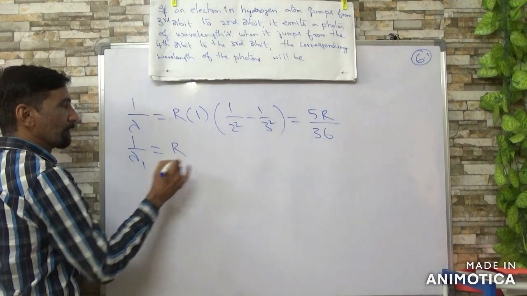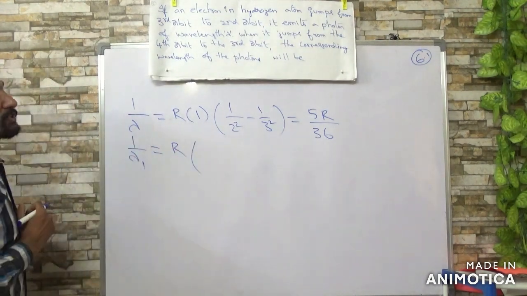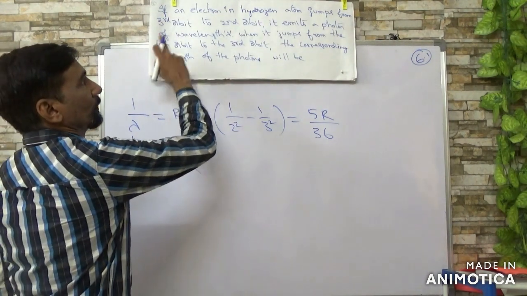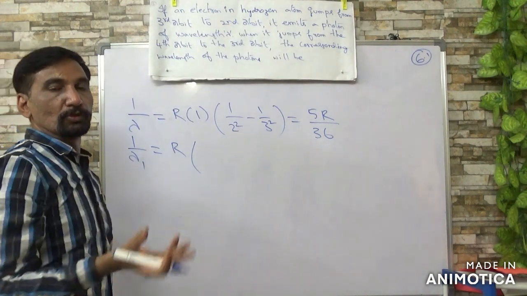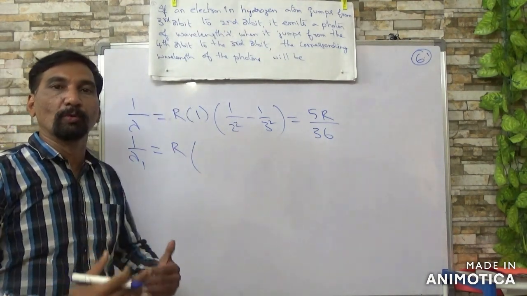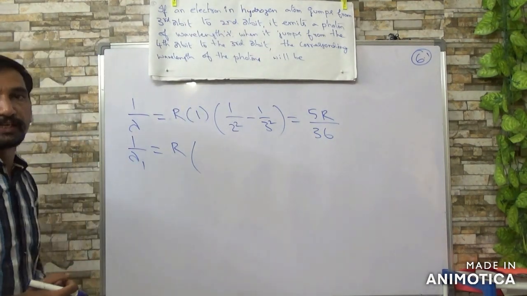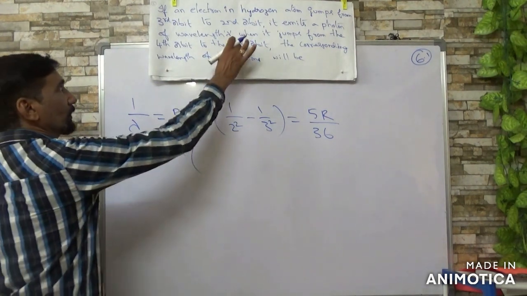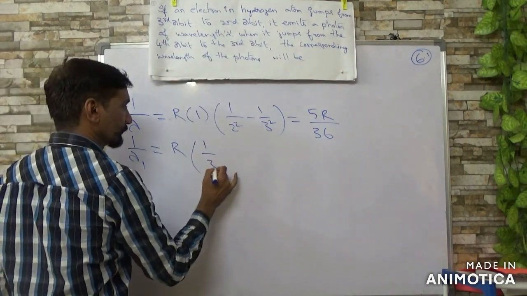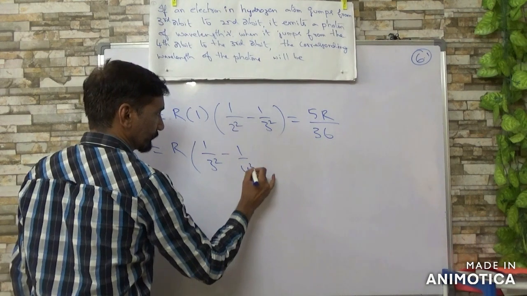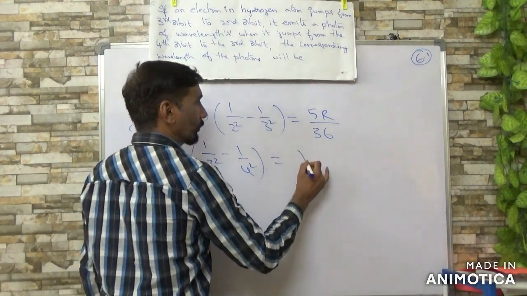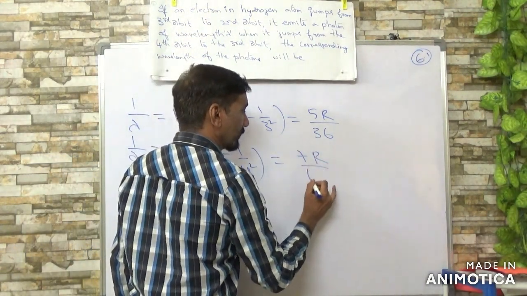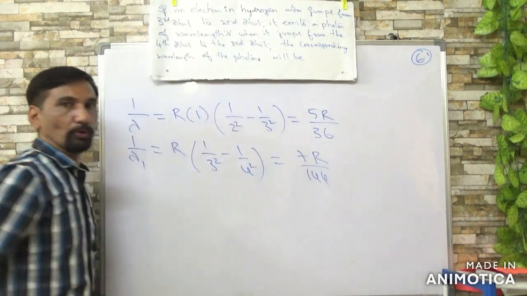Now in the second case, 1 by wavelength is Rydberg constant into the transition taken from 3 to 4. Usually when an electron jumps from higher to lower, only then is energy emitted. So third, fourth, equal to 7R by 144.